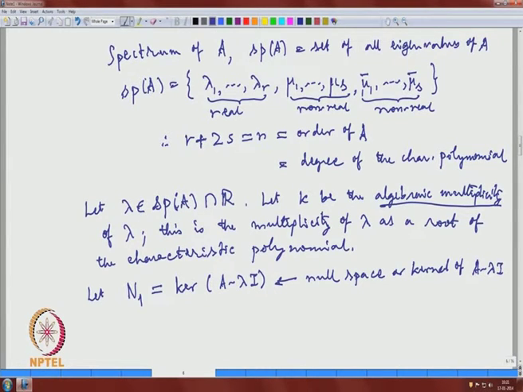Okay. So, this is referred to as the eigenspace of A corresponding to lambda. So, if lambda is an eigenvalue, we just form this, and this is a subspace of Rn.